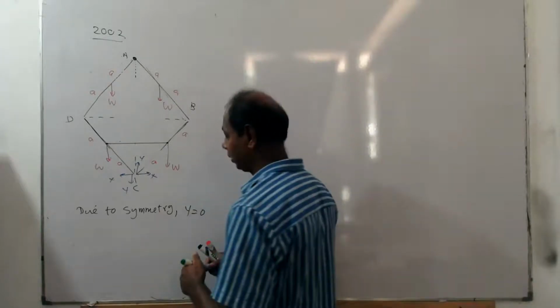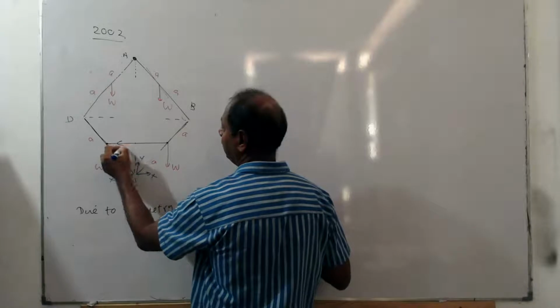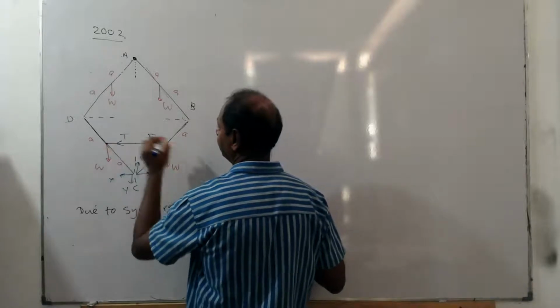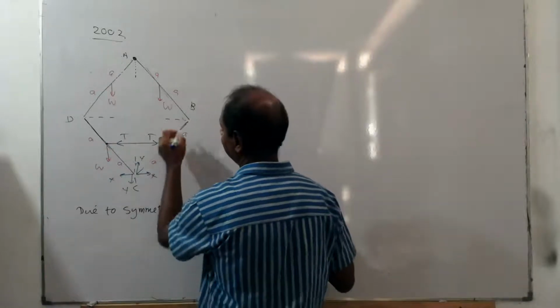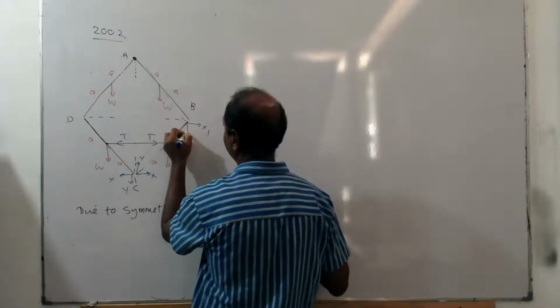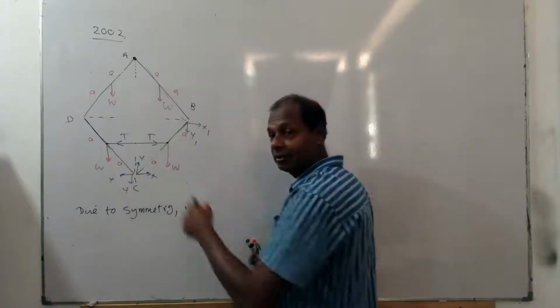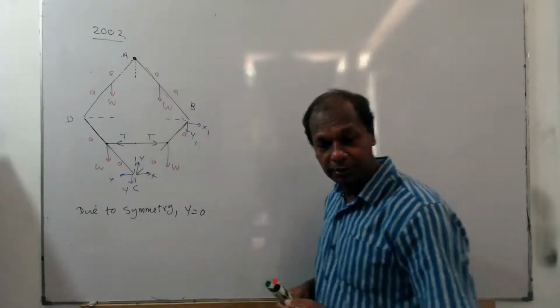Now we mark the other reactions. Here there will be the thrust in the rod, X1 and Y1. You can't write the same X here because there is another horizontal force in the rod, right?